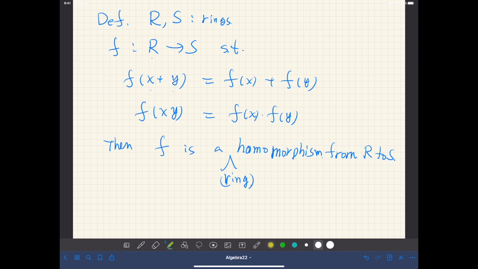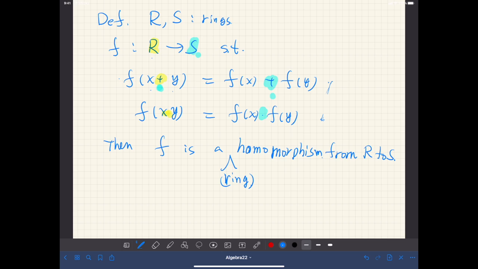This addition here is the addition within R, and this multiplication is also multiplication in R. The addition on the right hand side is the addition in S, and the multiplication on the right hand side is the multiplication in S. So these additions and these multiplications are defined on different rings.